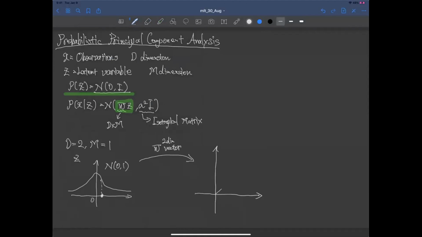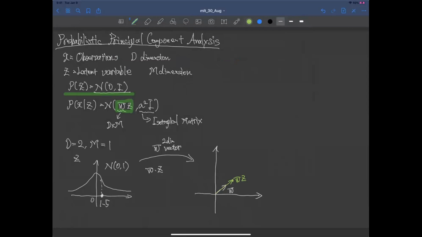Let's say W is in this direction. The transformation is WZ, so for instance, if Z is 1.5, sampled from the latent space, then WZ is this vector, which has 1.5 times the length of W.